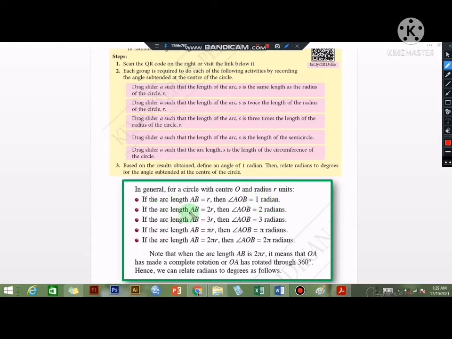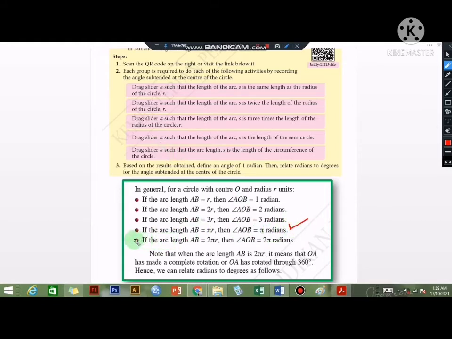If the arc length AB is equal to 2r, the angle is equal to 2 radian. If the arc length AB is equal to 3r, the angle is equal to 3 radian. So what happens if the arc length AB is equal to pi r? Based on the first, second, and third, we know that the angle is equal to pi radian.